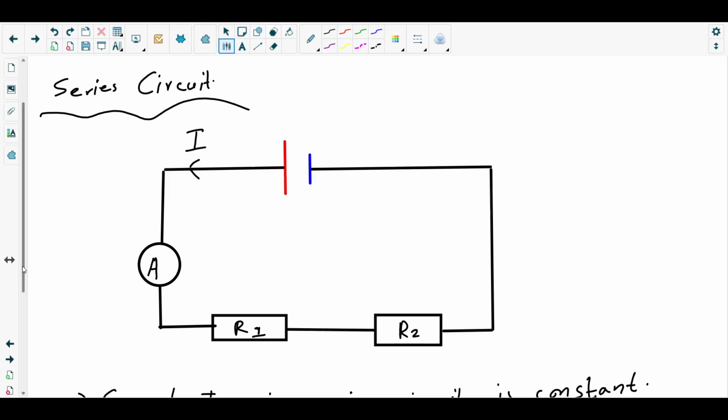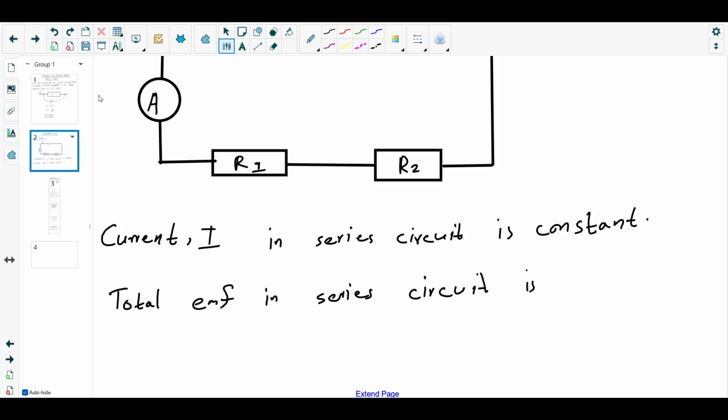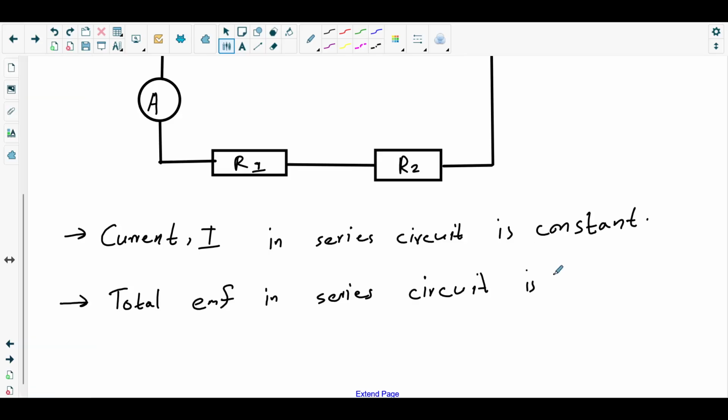According to Kirchhoff's law, the total EMF in a series circuit is equal to the sum of PDs.